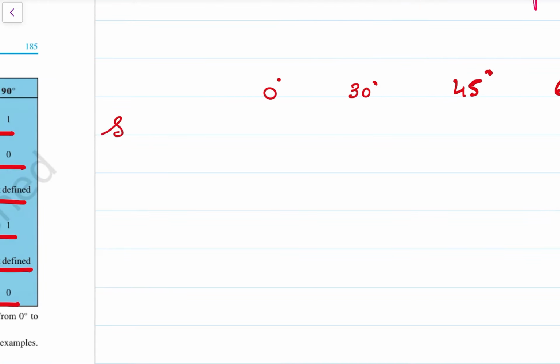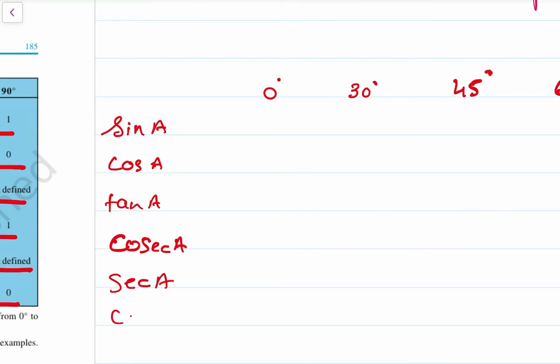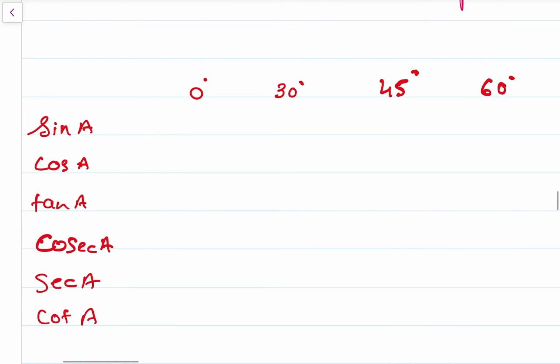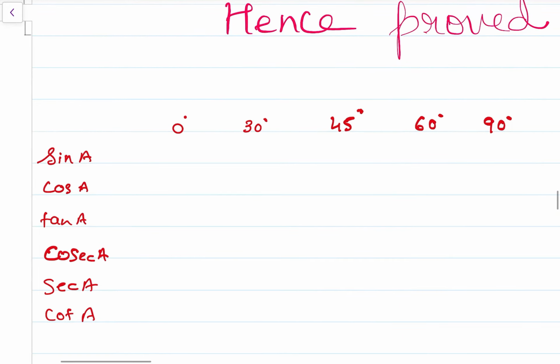Here we will have sin A, cos A, tan A, cosec A, sec A, cot A. Now, first we write here as 0, 1, 2, 3 and 4.